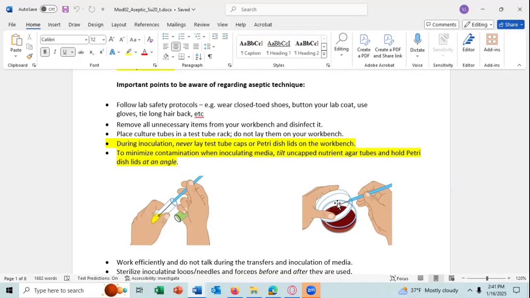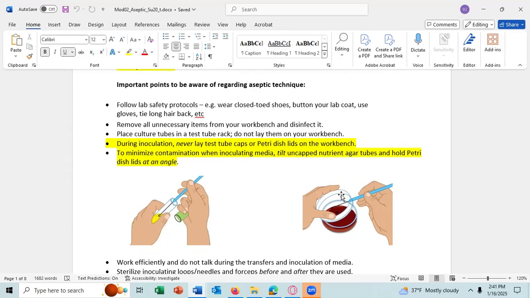So that's how you inoculate in the lab. And I think that was actually in lab 01, where it was asking you what you can do to minimize airborne contamination. That's something you can do. The other thing you can do is leave the plate or the tube uncovered for as little time as possible when you're working on it.